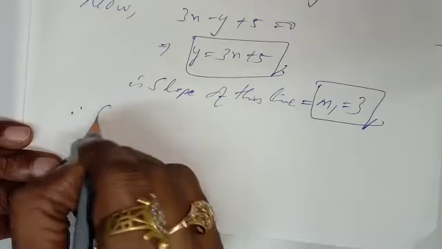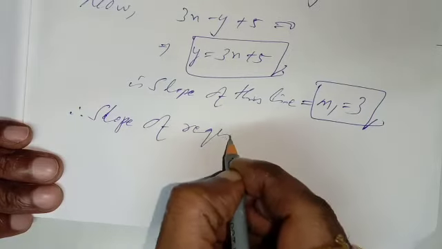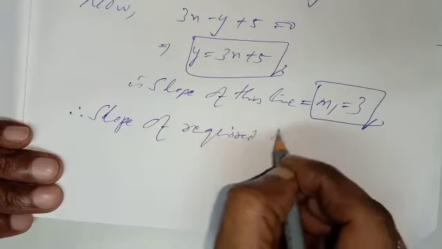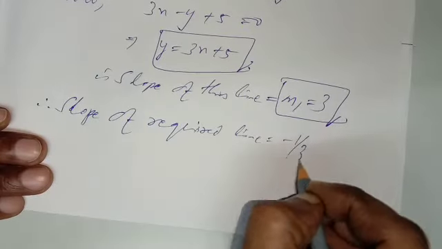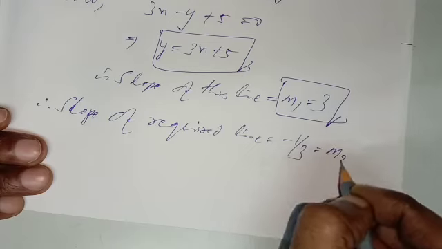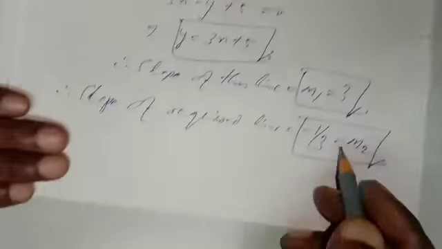Therefore slope of the required line, which is perpendicular, the negative reciprocal, means minus 1 by 3, which is equal to m2, as it is perpendicular. Slope you got is minus 1 by 3, and passing through the point, by using slope point form.